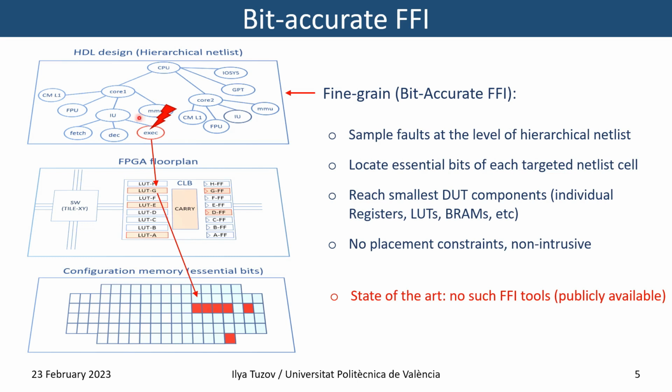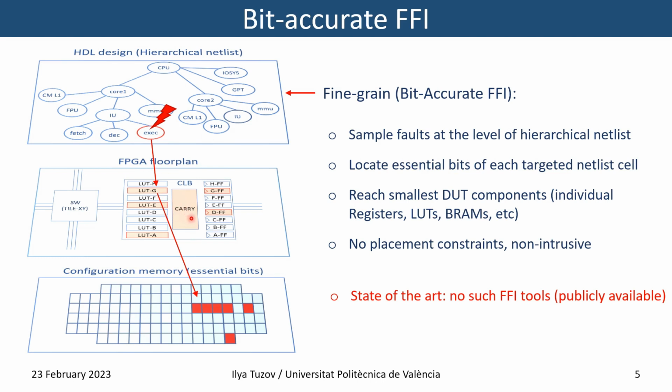So instead, we propose a much more fine-grained approach. An approach that would allow to sample faults directly from the hierarchical netlist. So, assuming we could accurately locate essential bits of each cell in the netlist hierarchy, then the fault injector would be capable of selectively targeting any component in the design tree, regardless of its size and up to individual register or lookup table.